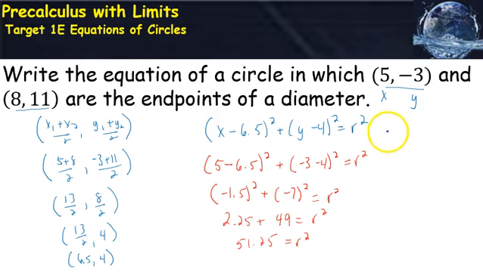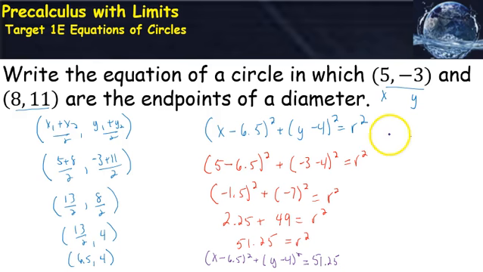So it looks like my answer was (x - 6.5)² + (y - 4)² = 51.25. Yeah, okay, you can't even read that. I'll write it right here at the bottom. Sorry. Alright, one more time. (x - 6.5)² + (y - 4)² = 51.25.